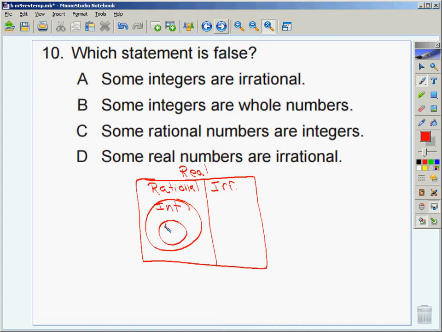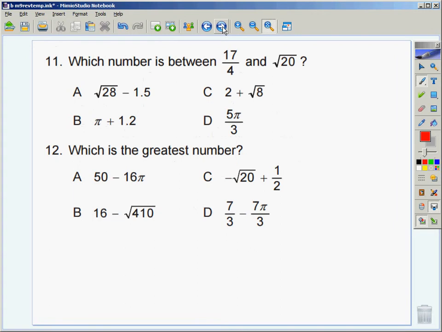Inside of the integers, we had whole. Here it says some integers are irrational. Well, that's definitely false. All integers are rational, and it can't be both rational and irrational. So this is definitely a false statement.